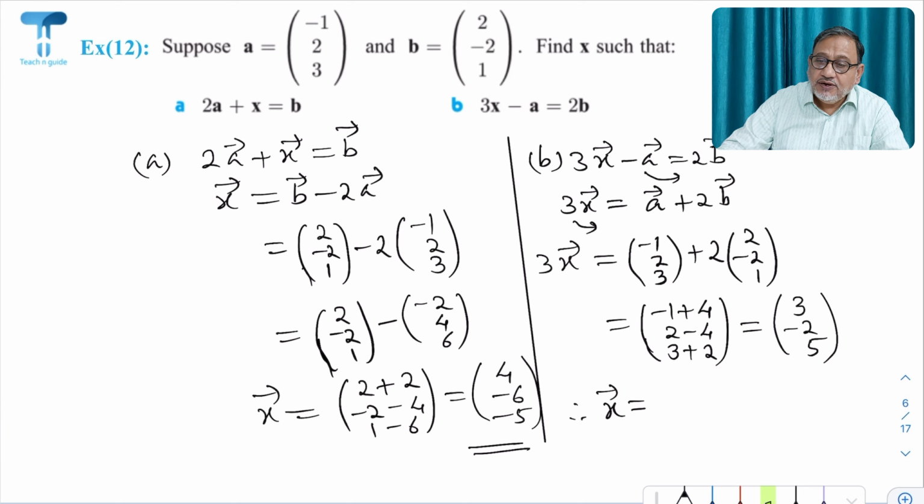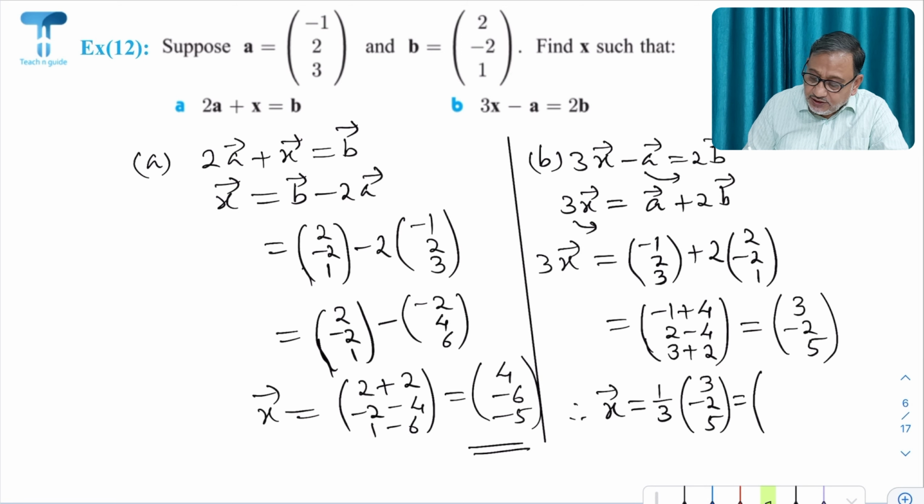Okay. I will divide it by 3. So 1 by 3 times this vector. So by 3 I can divide each component. Look here, 1 by 3 into 3 will give me 1. 1 by 3 into -2 will give me -2 by 3.